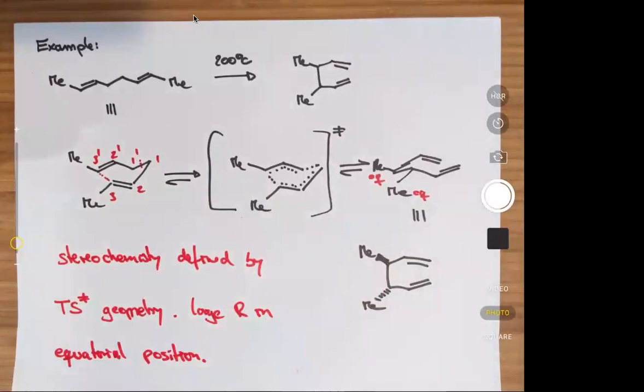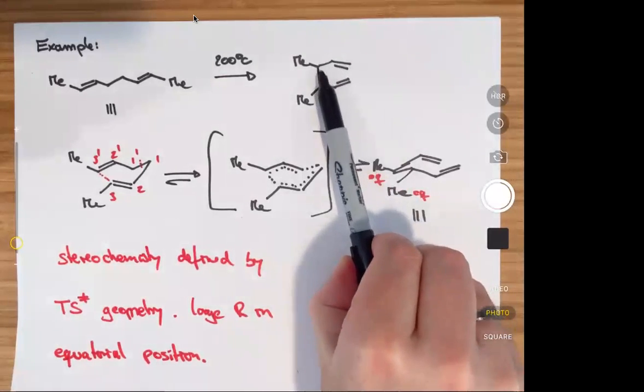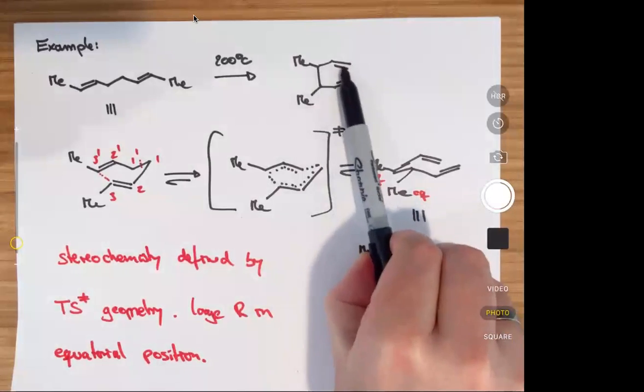All right, so now these carbon-based 3,3 sigmatropic rearrangements are not the only ones that are out there in the literature. There are alternatives that also include heteroatoms along the backbone of the rearranging structure.